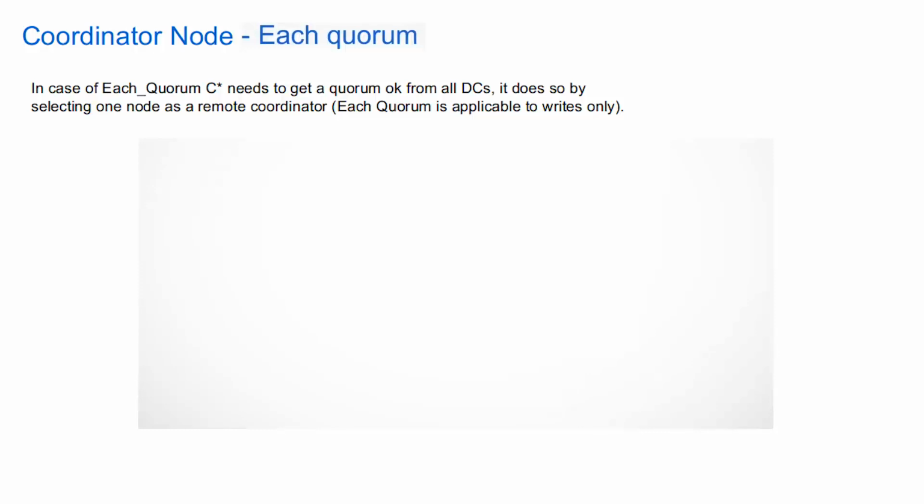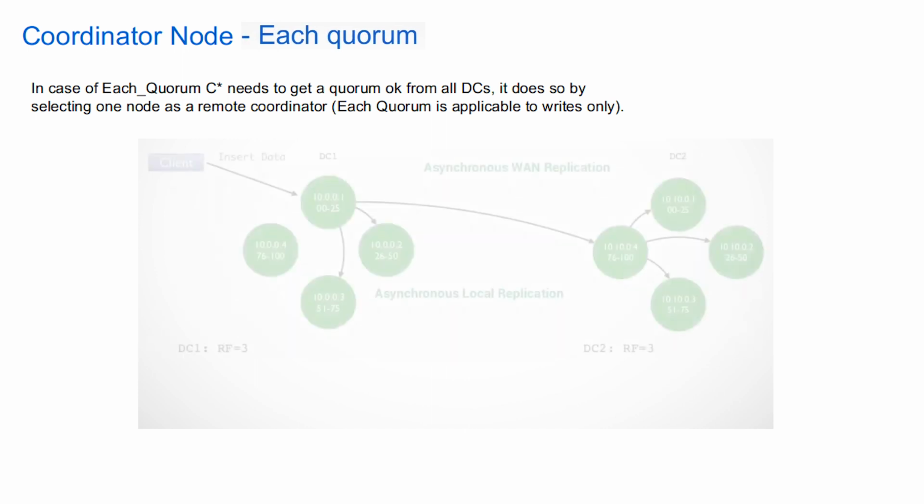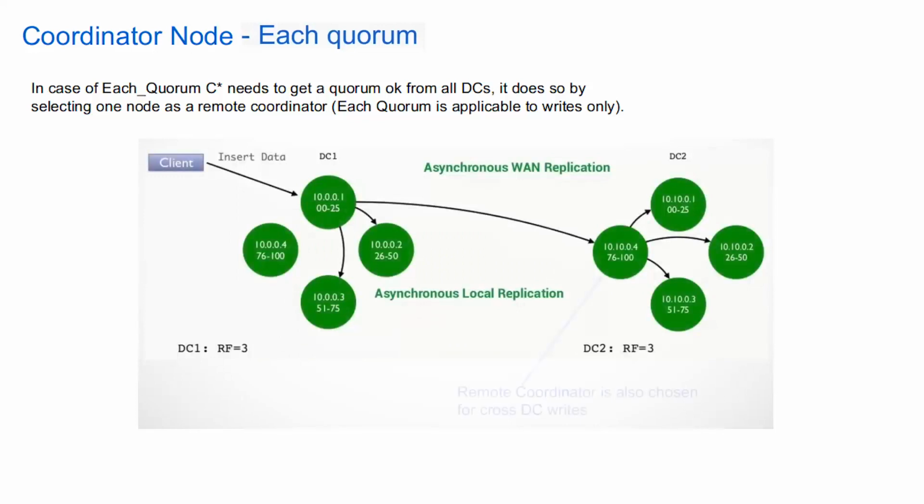The other thing that I want to talk about is something called each quorum. Let's look at this from a practicality perspective. Imagine you have two data centers, data center 1 and data center 2, and both are geographically spread out. They're quite far apart.